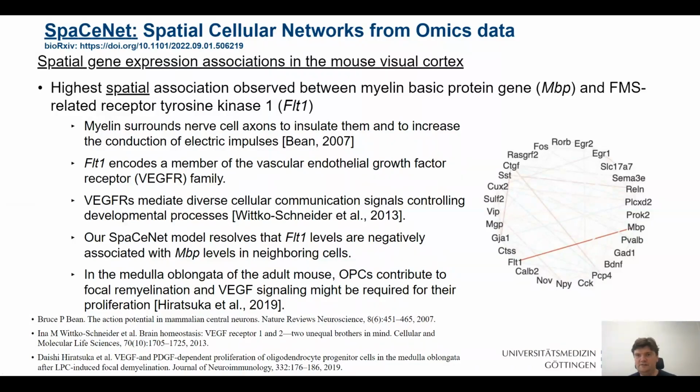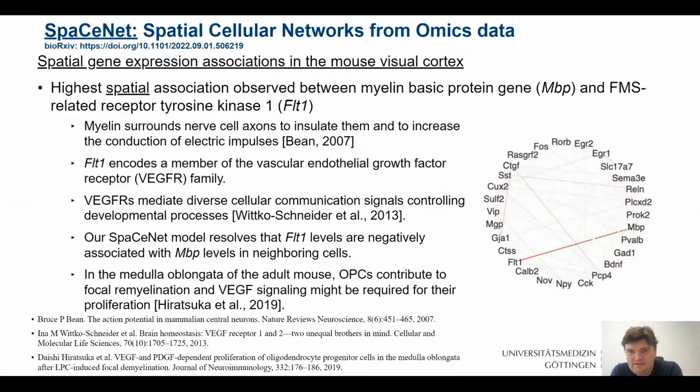Myelin is built to a high proportion by myelin basic protein. This myelin surrounds nerve cell axons to insulate them and to increase the conduction of electric impulses. FLT1, on the other hand, encodes a member of the vascular endothelial growth factor receptor, VEGFR, family, and these mediate diverse cellular communication signals controlling developmental processes.